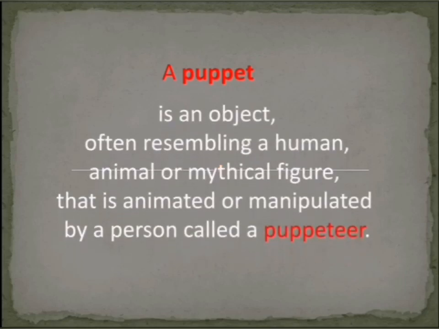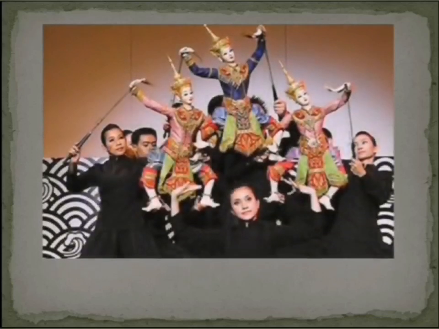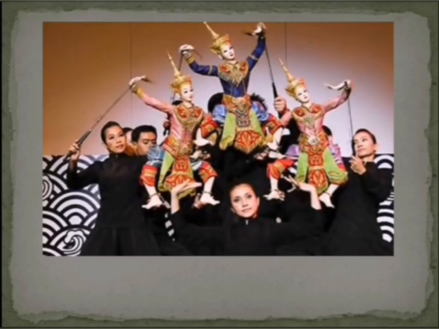Let's read together. A puppet is an object often resembling a human, animal, or mythical figure that is animated or manipulated by a person called a puppeteer. I will be showing you a picture of a puppet. Here we have our first example.